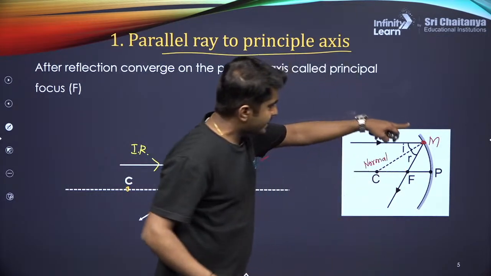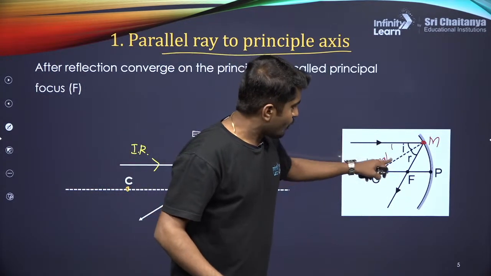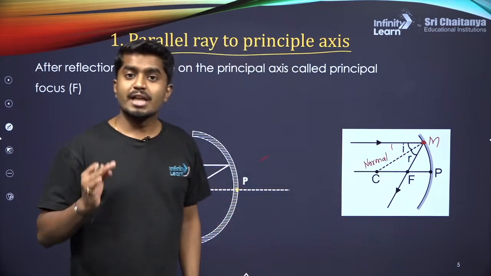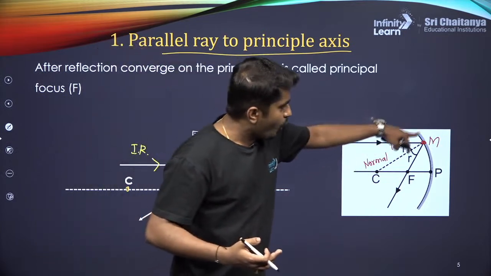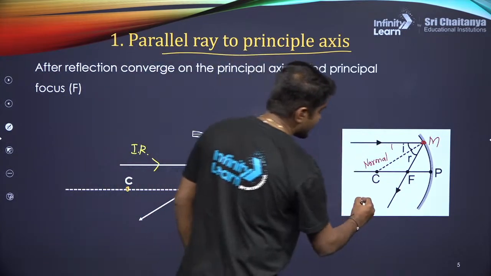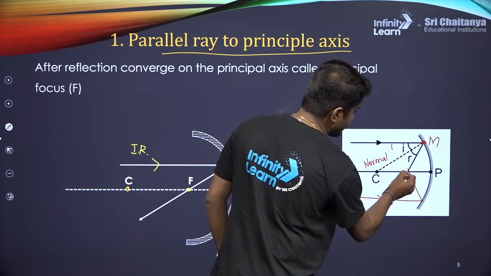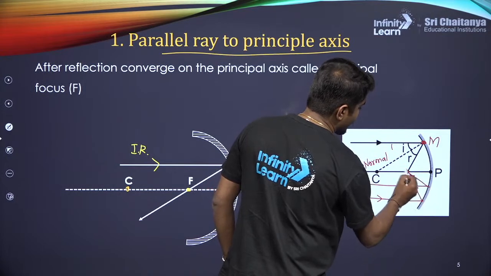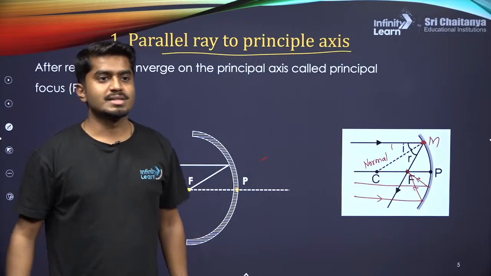So there is an incident ray and the normal, and this will be the angle of incidence. The normal and reflected ray make the angle of reflection. They are always going to be equal. And that is the reason all the reflected rays, if there is another incident ray parallel to the principal axis, even this one will pass through the focus. You can draw as many rays as possible. All of them will pass through the focus.